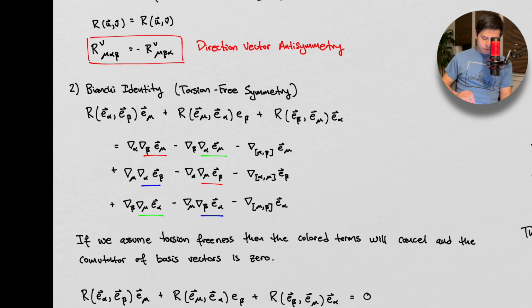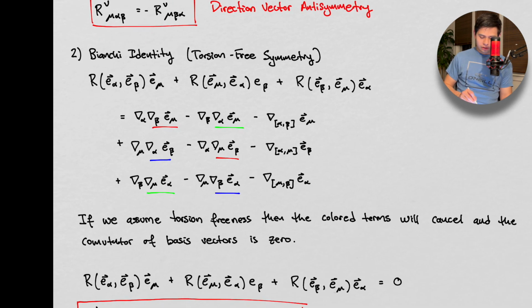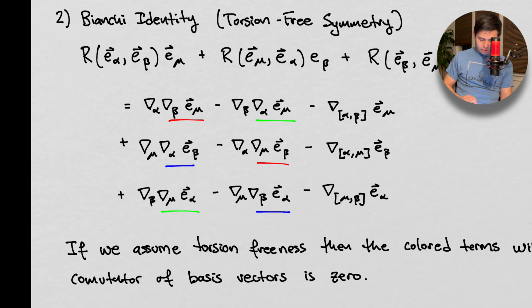All right, now we're going to go through the first Bianchi identity, or what I'm going to call the first torsion-free symmetry. Okay, so the Bianchi identity is, what we want to do is compute this guy right here. So we're going to have alpha beta. I'm reducing notation so I don't have to write the basis vectors here as well.